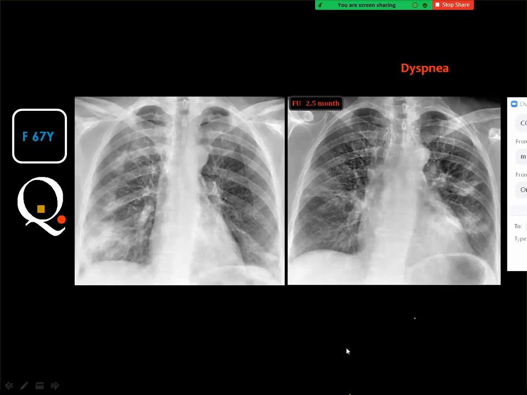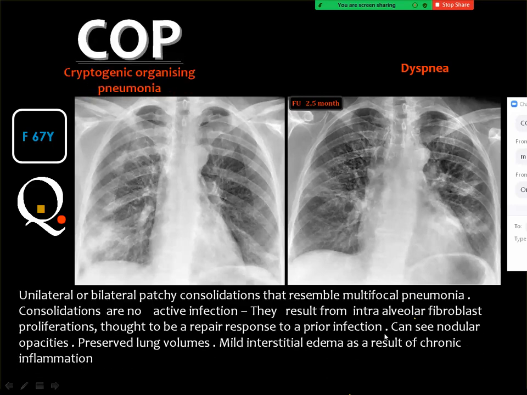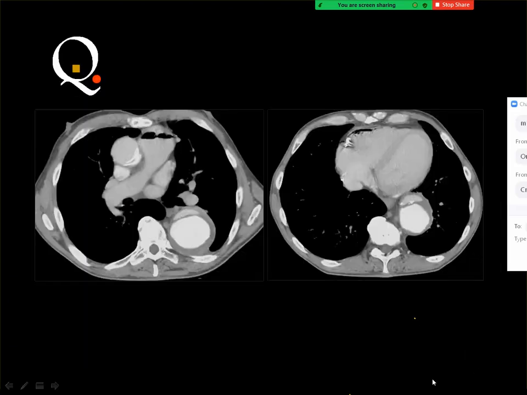This is a very good answer, actually. If you look carefully at the first film, you will diagnose pneumonia. And at that time, between this film and this one, you may predict that the patient received a lot of antibiotics without improvement and even progression. Then you know that you are dealing with another type of pneumonia, which is the cryptogenic organizing pneumonia. Very good answer, actually.